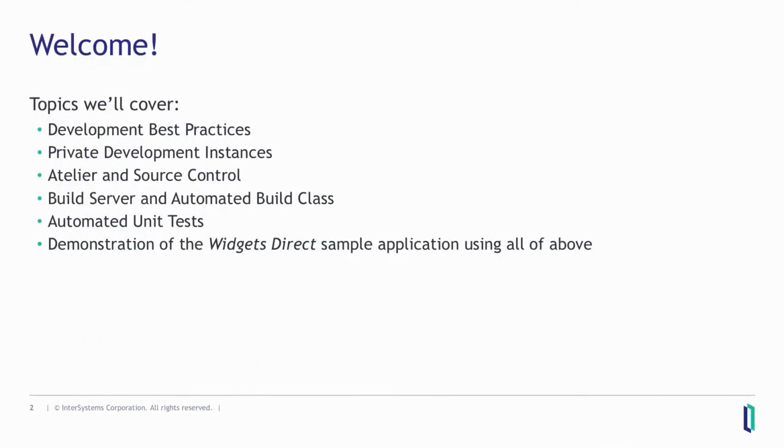Just for introduction, a few topics that we will cover in this presentation. I will talk a little bit about the best practices for development, about how we can automatically build private development instances, about Atelier and source control, about build servers and automated build classes, about continuous integration, automated unit tests.